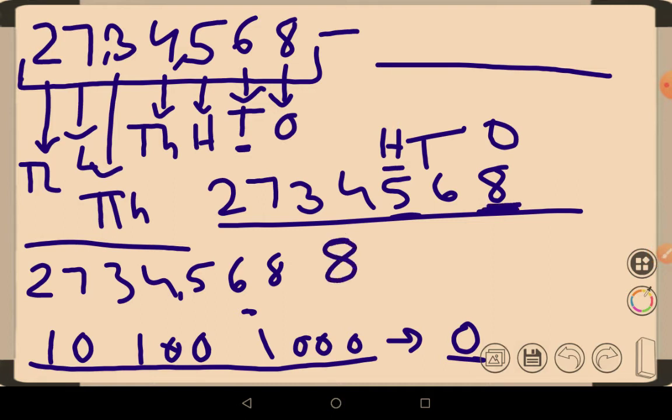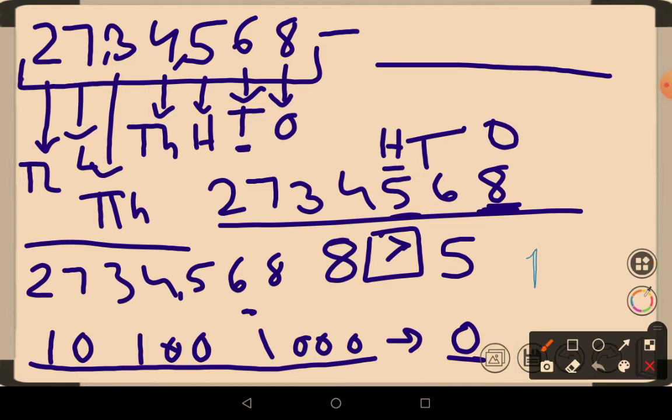Now I will try to compare 8 and 5. If you compare, which number is bigger? The 8. Then what did I say? I will give 1. To which number? Not this number. This will turn into 0. I will give it to the next number, which is doing the nearest 10 or nearest 100 or nearest 1000.